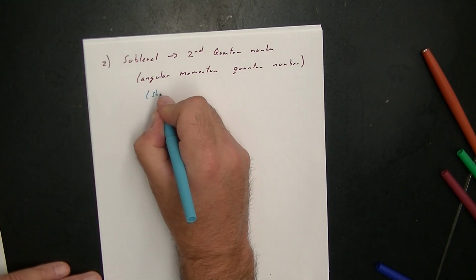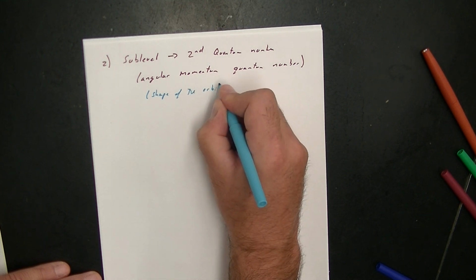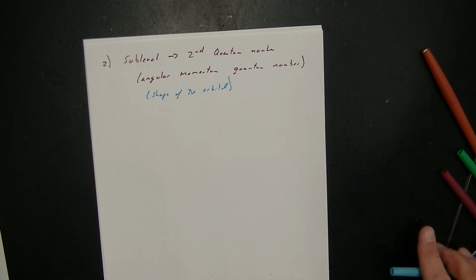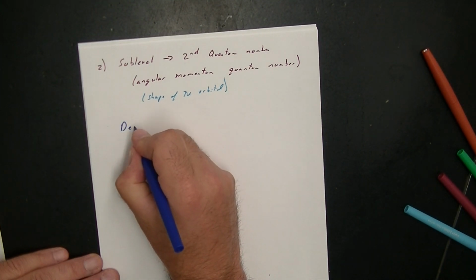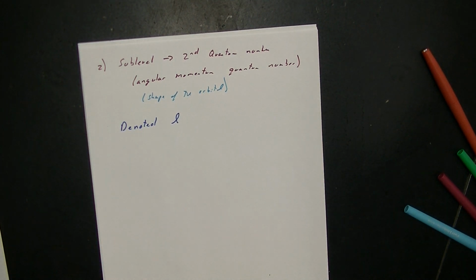It gives us the shape of the orbital. That's what it's giving us. The second quantum number is giving us the shape of the orbital, and it's denoted l. It's a lowercase cursive l.